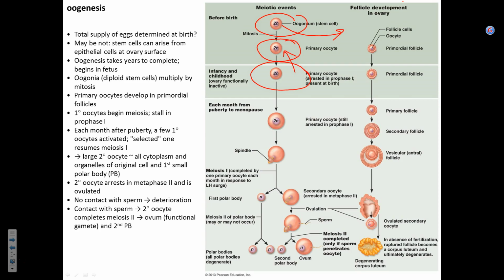For a long time there was an idea that the total supply of primary oocytes is determined at birth. Now more and more there's evidence that maybe there are stem cells that during adult life give rise to new oocytes. Does that make sense?